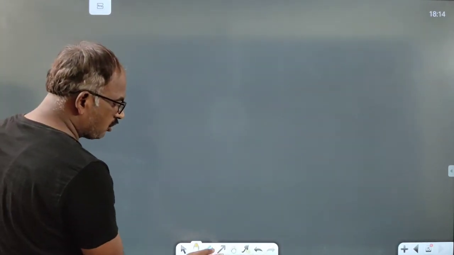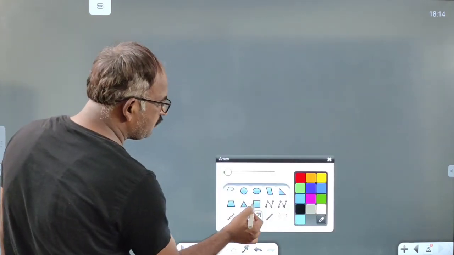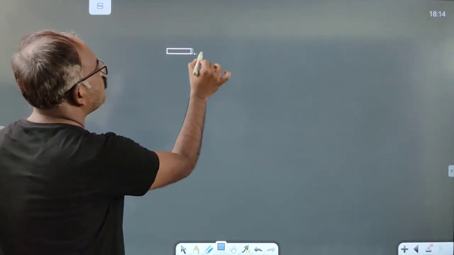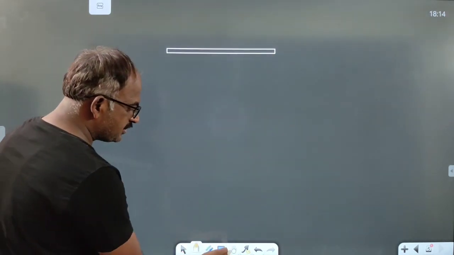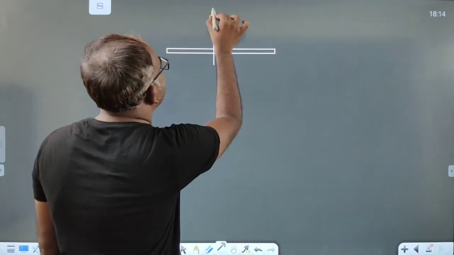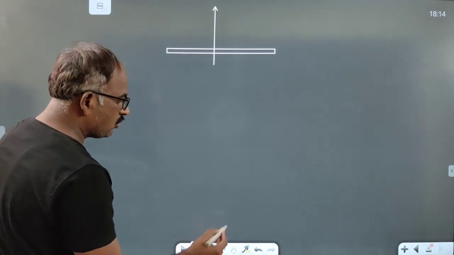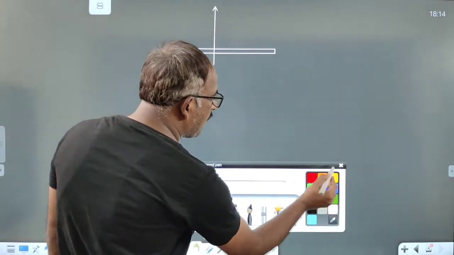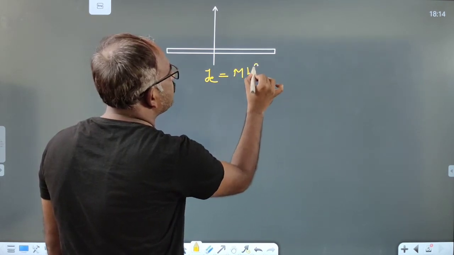This is a thin uniform rod. Initially we have considered an axis passing through its center and perpendicular to its length. Here we have the value of IC, which is equal to ML square by 12.